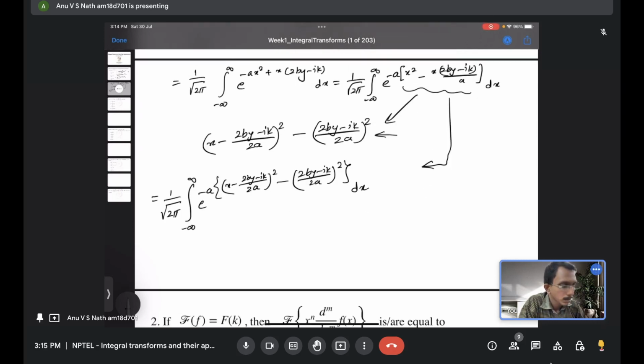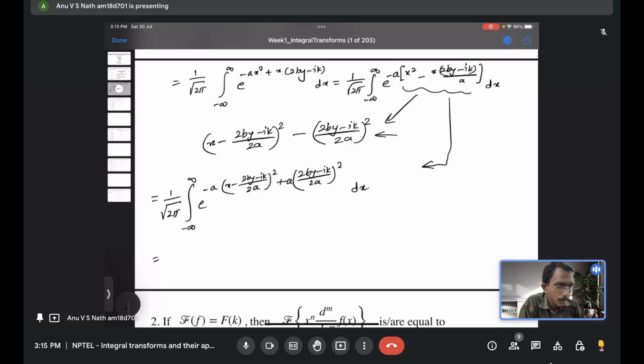So now we multiply this minus a inside the curly brackets. So I will open the curly bracket, this will become minus a, and here it will come as plus a. I hope that is clear.